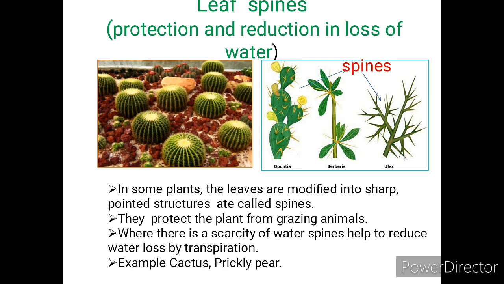If there are leaves, there is loss of water due to transpiration, yes or no? But these leaves are transformed into spines. Leaves have stomata, so when the leaves convert into spines, they don't have stomata, so there is no transpiration.